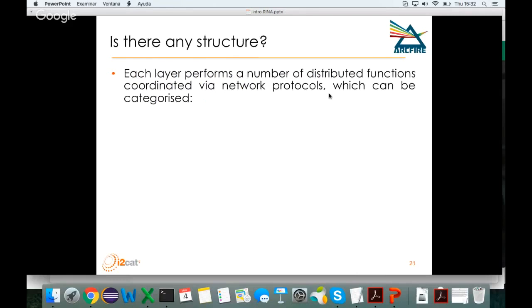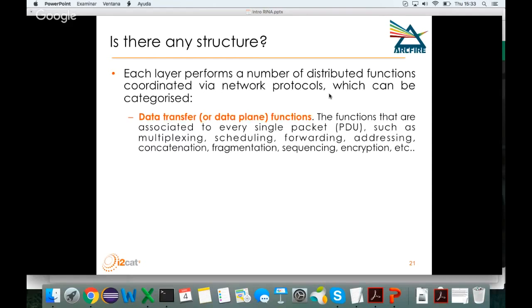But even if these protocols are designed independently, do they have any structure? Can we classify the protocols in some categories? More or less, yes. So we have data transfer or data plane, these protocols that are associated to every single packet, like multiplexing, scheduling, forwarding, addressing, and so on.